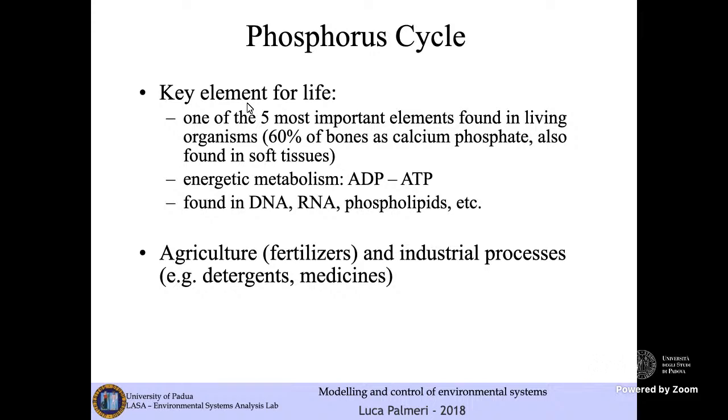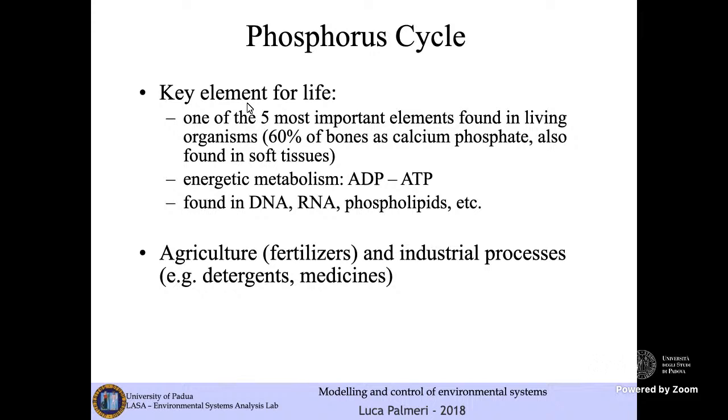In particular, for energetic metabolism, you may recall that we have introduced the two molecules, adenine diphosphate and adenine triphosphate, that are phosphorus-based molecules that transport energy and make available the energy obtained by consumption to all the cells present in the body.